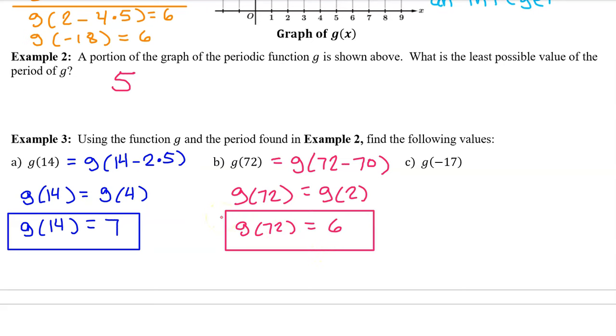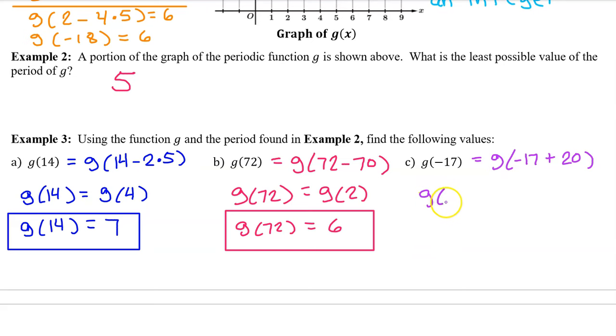Let's do the same thing for part C. Since we have a negative value that's off the chart to the left, let's add multiples of the period to get the same output value. Since the period is 5, we should be able to add any multiple of 5 without changing the output value. So we should be able to add 20, 4 times 5.